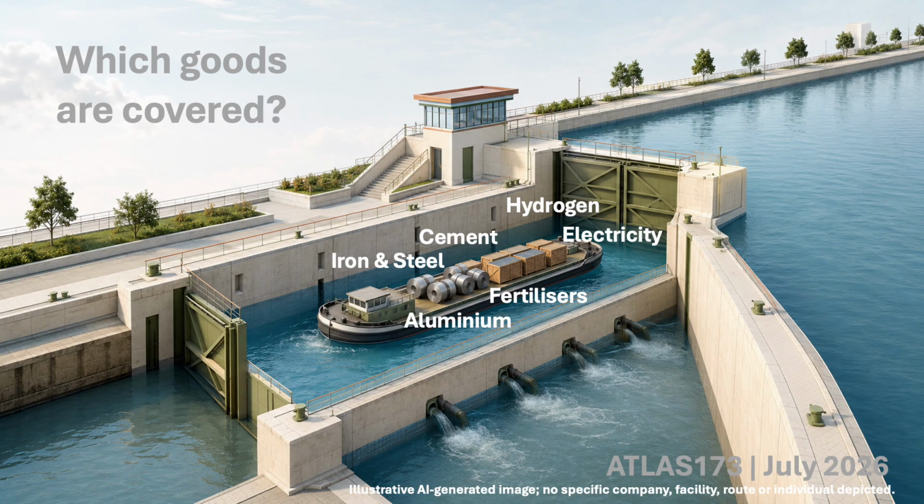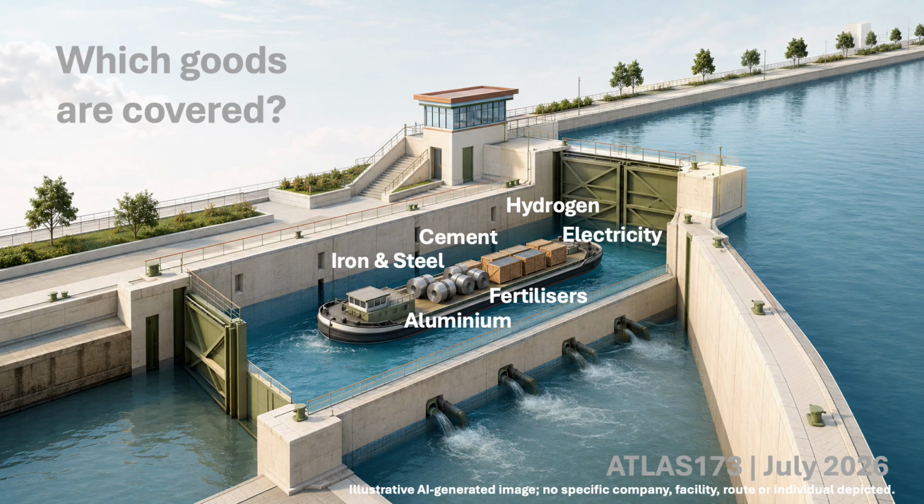But this list must be interpreted carefully. CBAM does not automatically cover every company operating within one of these broad sectors. Legal coverage depends on the precise customs classification of the imported product. Some precursors and selected downstream goods are also included.